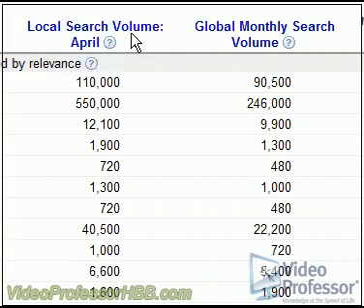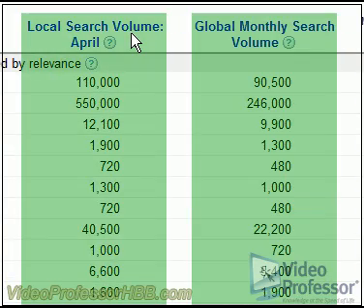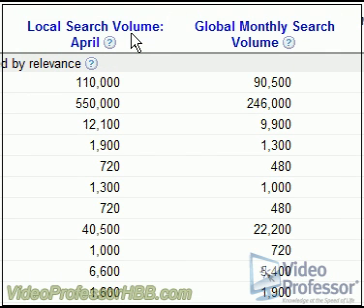The next 2 columns give us search volume for each keyword, telling us how often these keywords are used in Google searches. Keep in mind that these numbers are approximate and should only be used as a general rule of thumb. But they do give us a good idea of just how popular each of these keywords is in Google searches. We can use these numbers to help decide which keywords have the best chance of being used during searches.